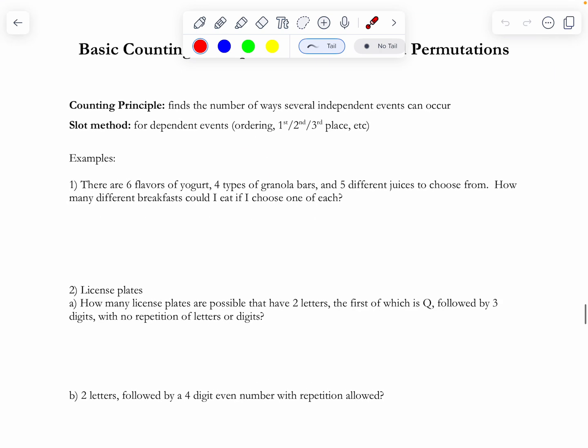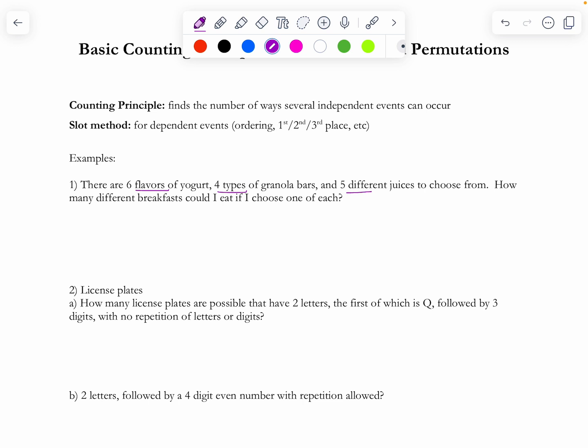So the first example I'm going to do: there are 6 flavors of yogurt, 4 types of granola bars, and 5 different juices to choose from. How many different breakfasts could I eat if I chose one of each?